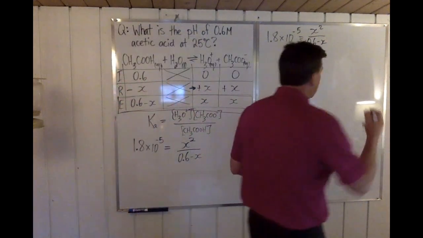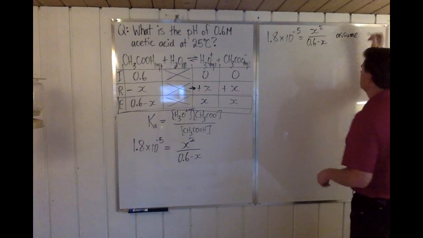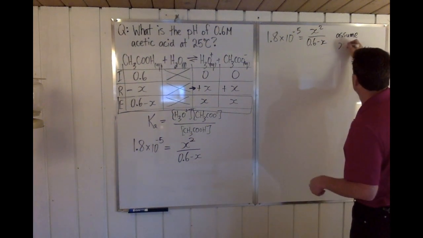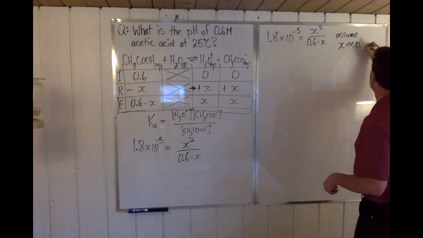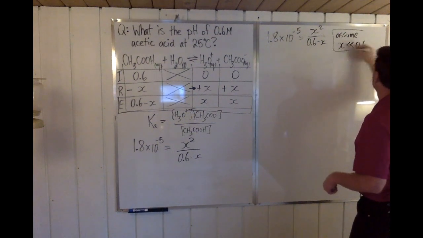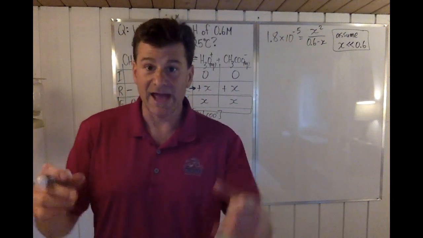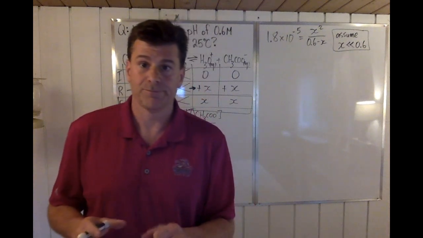So over on the side, you write the actual assumption: assume x is going to be significantly smaller than 0.6. X is going to be smaller relative to the number you're subtracting it from.